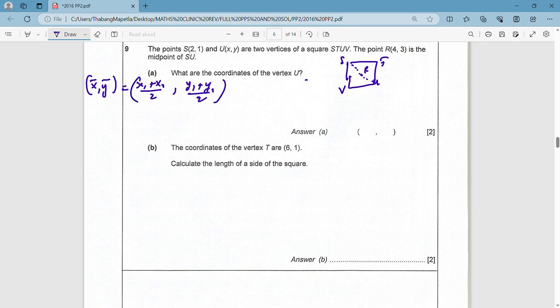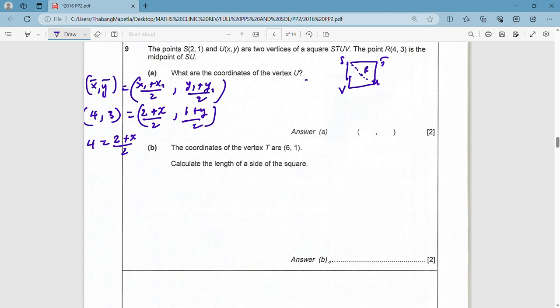So x bar is going to be 4 for R, (4, 3), equal to x1, taking from S, so (2 plus x, which is not known, over 2, comma 1 plus y over 2). And then equate your components. Equate the x components, which means that 4 is equal to 2 plus x over 2.